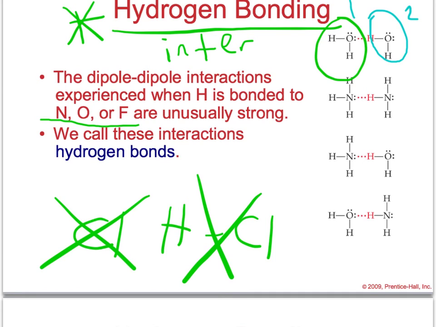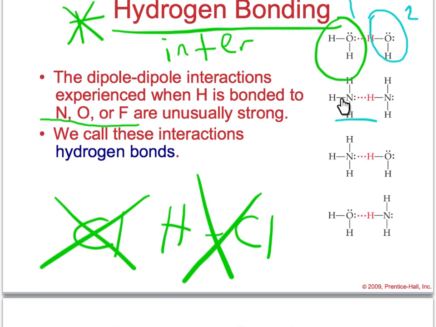In this case, there is an attraction between the electron pairs on nitrogen and the hydrogen of another molecule. So it's inter, not intra. Hydrogen bonding does not occur between this nitrogen and this hydrogen.